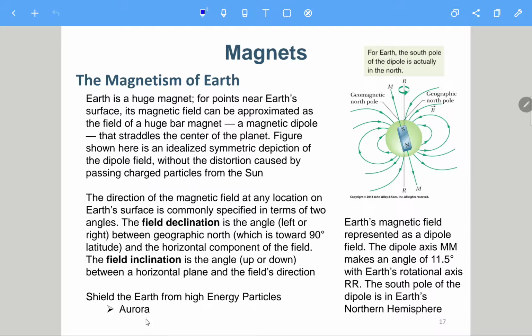You can imagine a charged particle coming from this side to the Earth. We can simply assume it to be positive Q. It doesn't really matter whether it's positive or negative. It comes to this point, and the magnetic field is pointing in this direction.